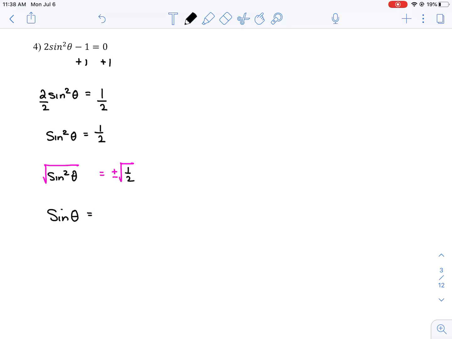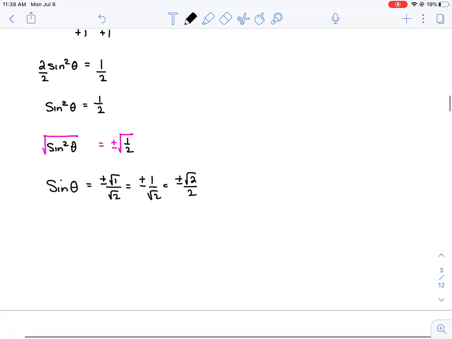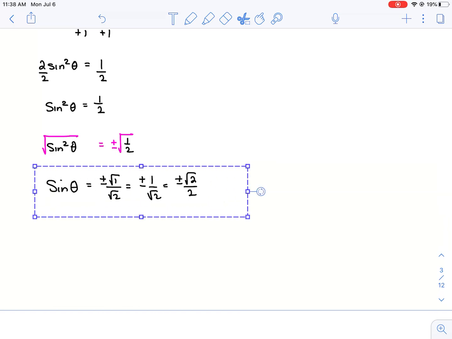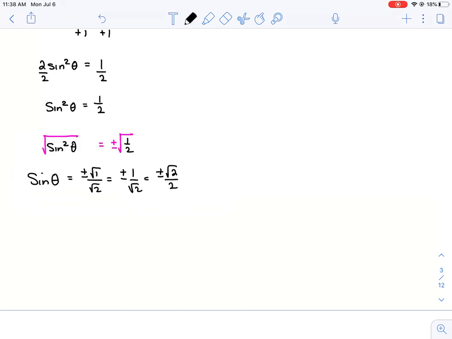This is equal to plus or minus the square root of 1 divided by the square root of 2. And I'm going to simplify that now. So basically, we have 2 separate equations to solve here.